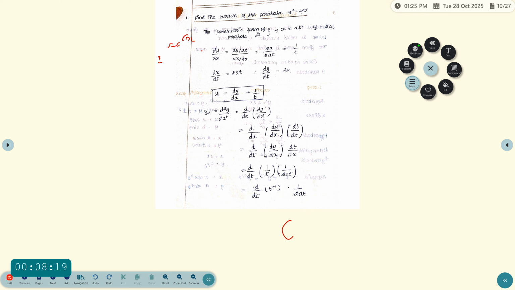So d by dt of t inverse into 1 by 2at, since 1 by t can be written as t inverse.